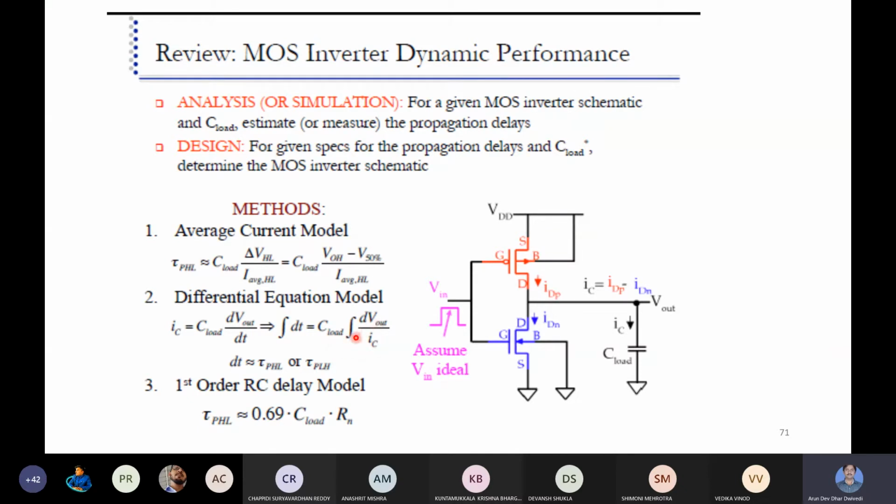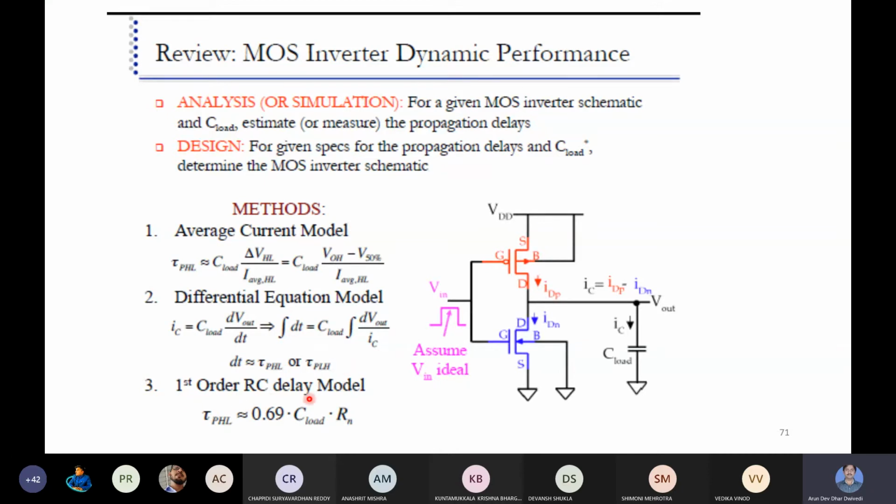This relation is in differential form, and we can integrate and find out. If we are considering the transition from high to low, then we can find out TPHL, and for low to high, we can find out TPLH. So this method can be used for finding TPLH or TPHL.